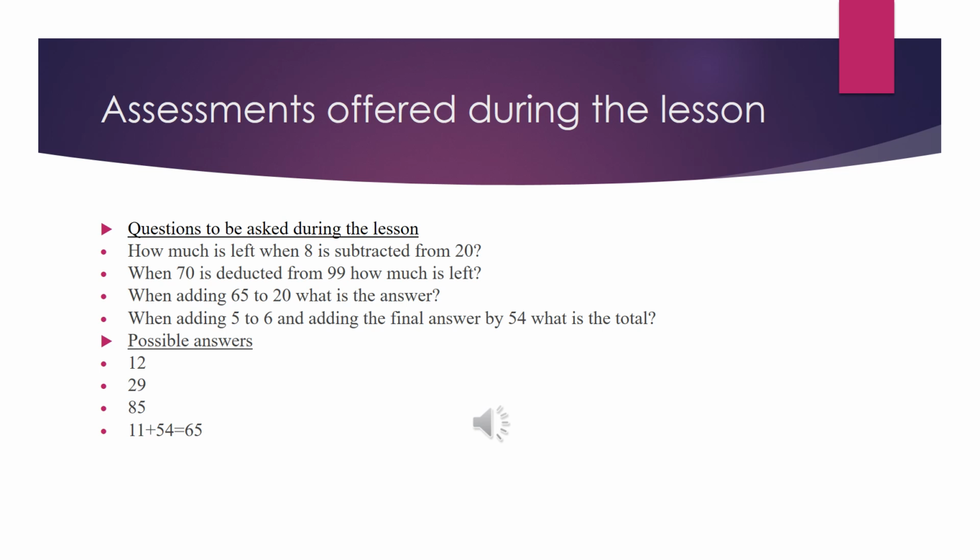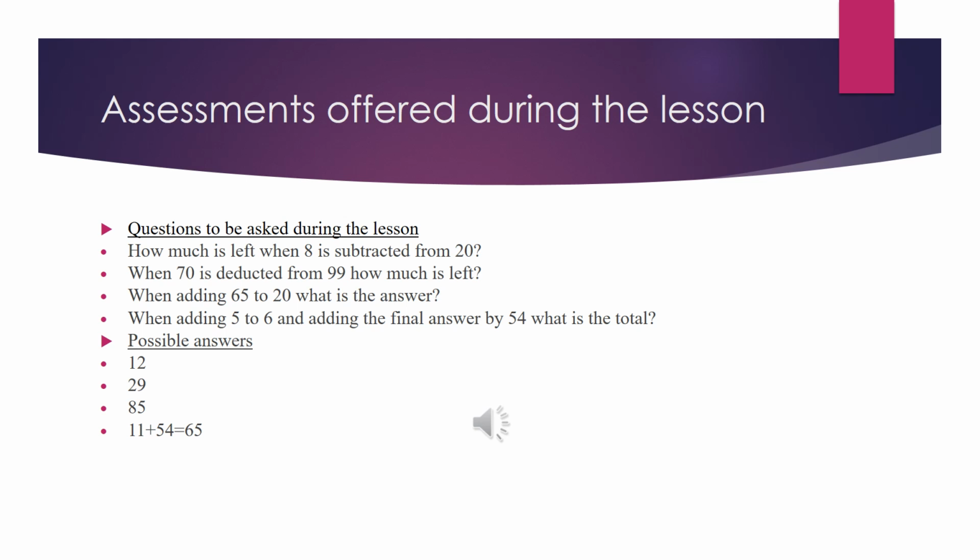And now, let's look at assessment offered during the lesson. Okay, there will be questions to be asked during the lesson. Question number one is how much is left when 8 is subtracted from 20? The second question, when 70 is deducted from 99, how much is left?